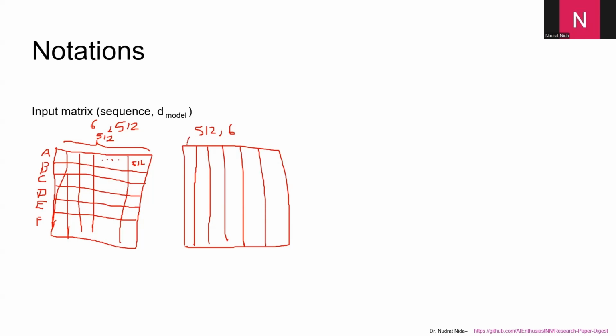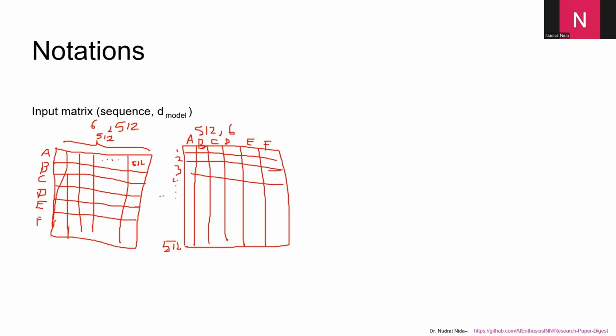So this is column A, B, C, D, E, and F. And these rows go up to 512. So this is the same matrix, but only the transpose form.